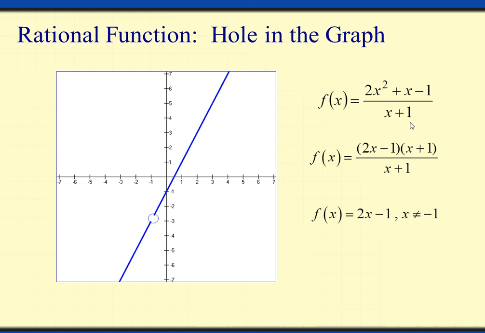The only issue is because the denominator of the original function was x plus 1, we knew we would never be allowed to let x be negative 1, and that's why we have this condition out here to the side. From the very beginning, x couldn't be negative 1. Well, here is where x is negative 1, and that's where the hole is. So it's a line except for that value where x is negative 1. So it's critical to have this thing in reduced form before we do any analysis whatsoever.